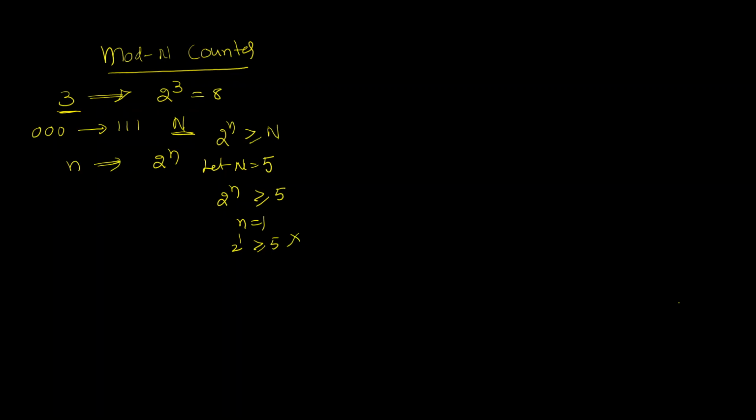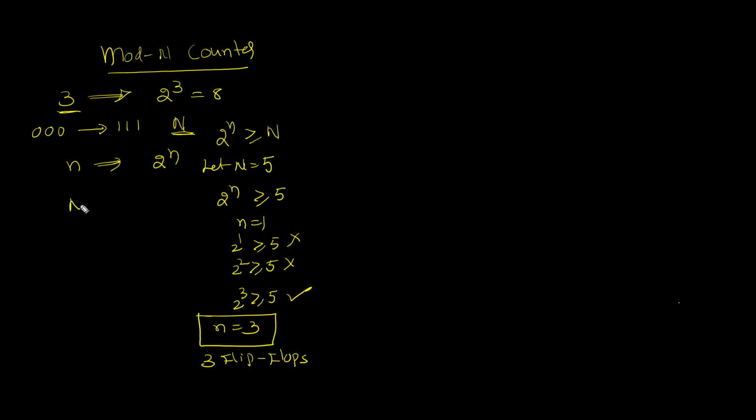No, wrong. 2 power 2 greater than or equal to 5? Wrong. 2 power 3 greater than or equal to 5? Yes, correct. So here small n is equal to 3. That means to design a mod 5 counter, I need 3 flip-flops.